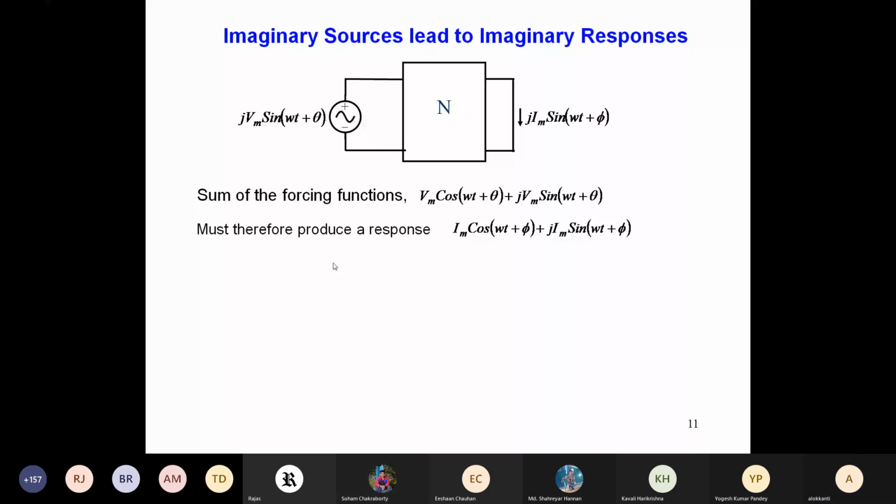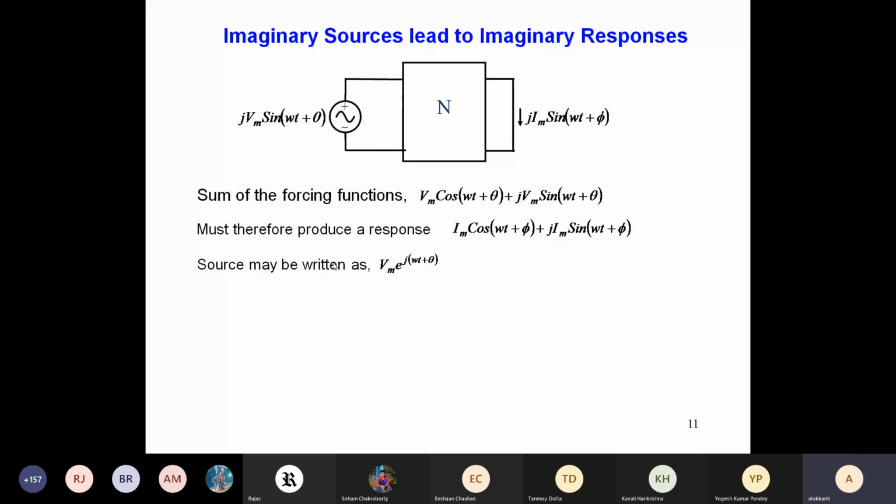So this source may be written as Vm e to the power j(omega t plus theta). Just for representation, Vm cos(omega t plus theta) plus j Vm sin(omega t plus theta) becomes equal to Vm e to the power j(omega t plus theta). So if this is the source, what type of response will it lead to?